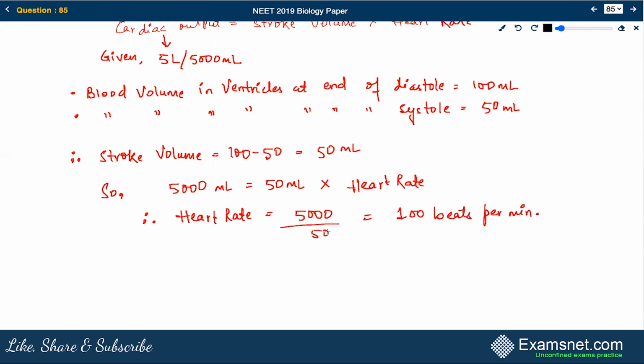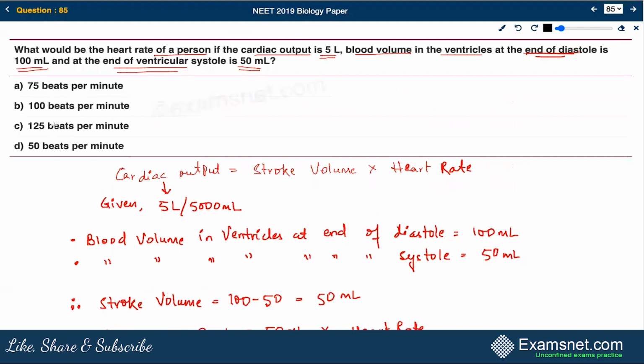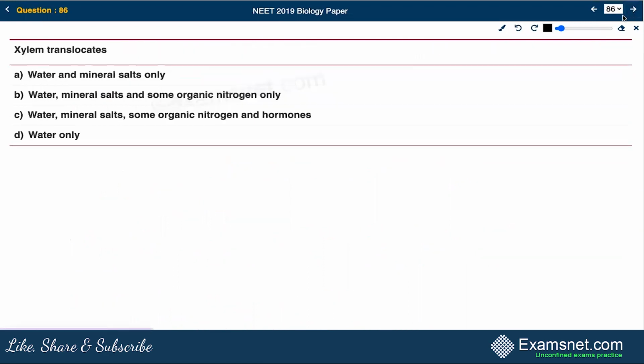All right, so this will be 100 beats per minute. That will be the calculation. All right, so let us take a look into the answer. So it will be option number B, which is 100 beats per minute. Clear?